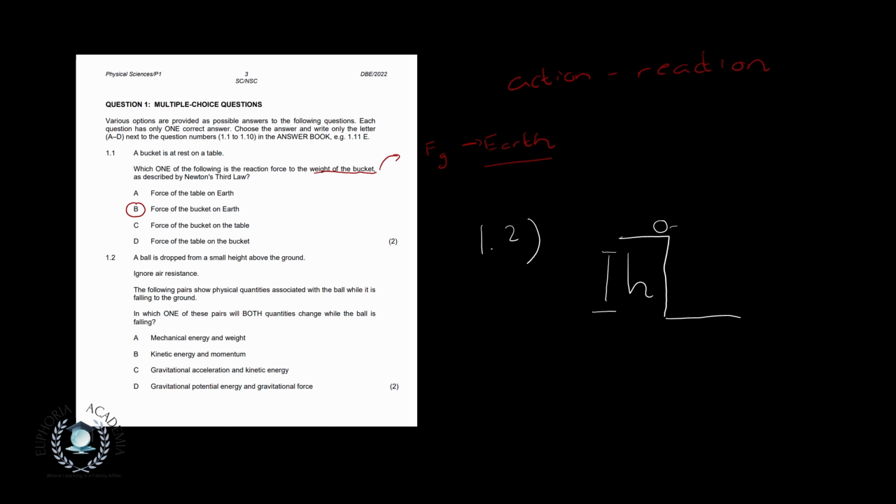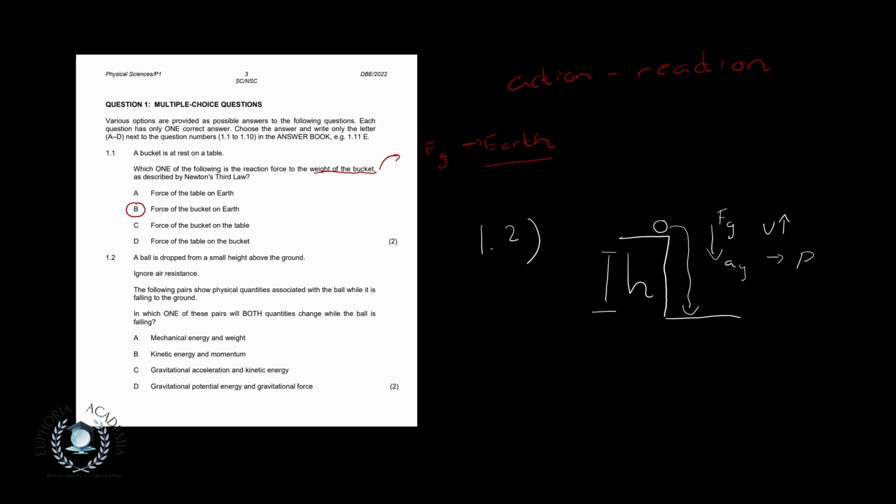All right, so as the ball falls, which quantities are changing? Well, we'll just look at velocity. We know that as it falls, because it's being accelerated by the force of gravity downwards, let's just call that ay, our velocity will increase. Now which quantities have to do with velocity?